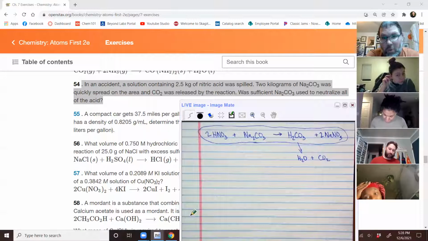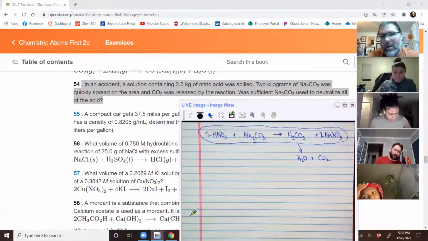If I start with 2.5 kilograms of nitric acid, how much sodium carbonate would I need to neutralize all that nitric acid? All right, so we could do the work to answer that question, or we could instead do the stoichiometry to answer the question: if I started with 2 kilograms of sodium carbonate, how many kilograms of nitric acid could I neutralize? Either one of those ways of approaching the problem would be perfectly fine.